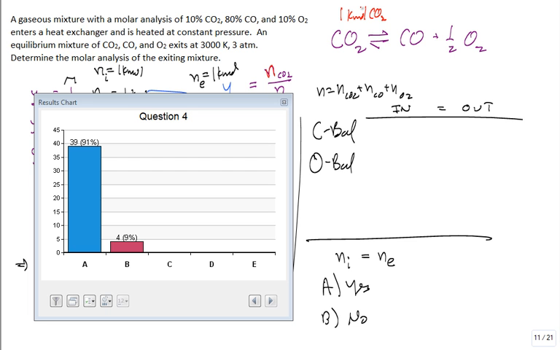All of it completely dissociated, such that it all went into producing 1 kilomole of carbon monoxide and a half a kilomole of oxygen. 1 kilomole CO2 in, complete dissociation, producing 1 kilomole of carbon monoxide and 1/2 a kilomole of oxygen. 1 in equals 1.5 out. What?